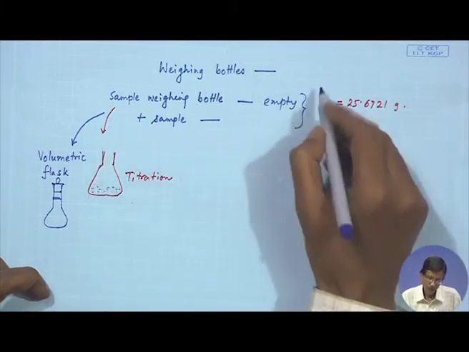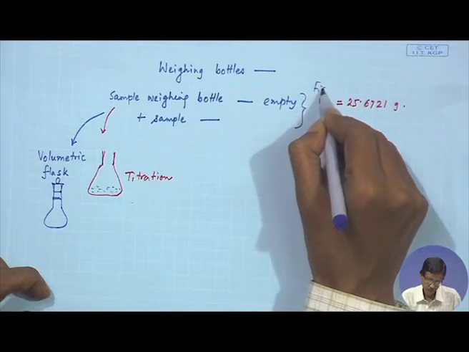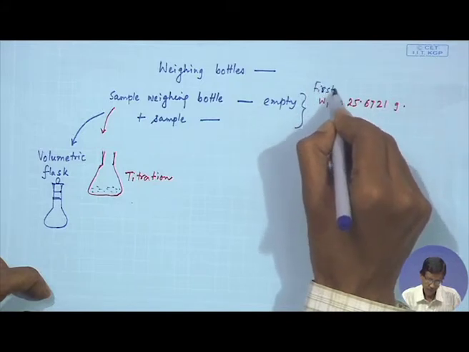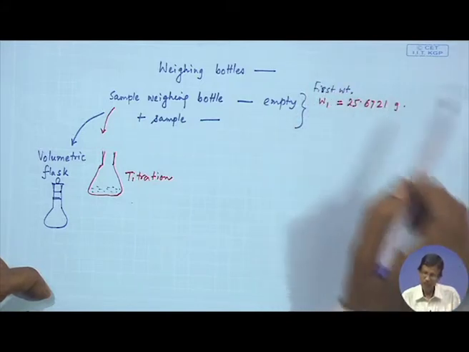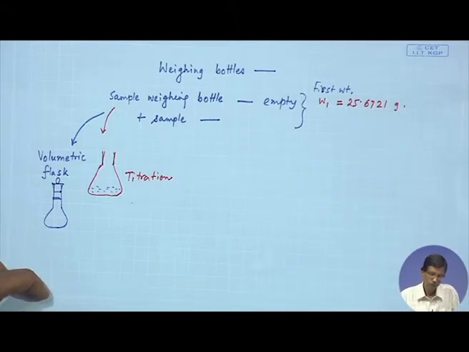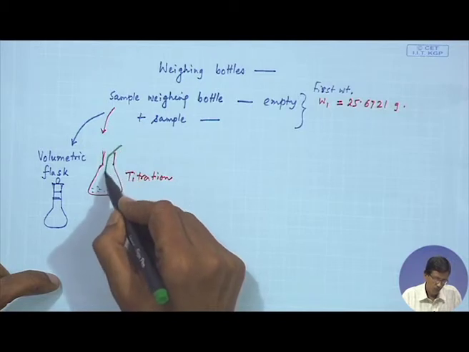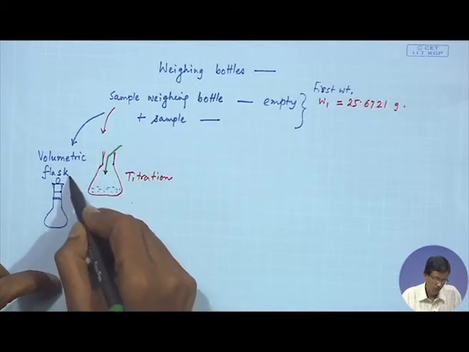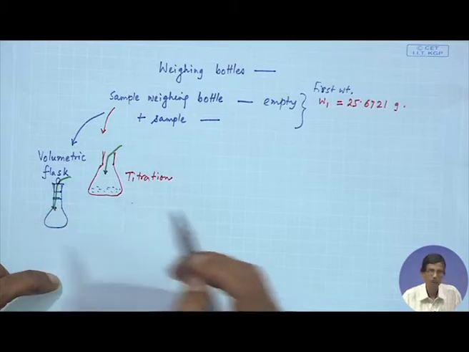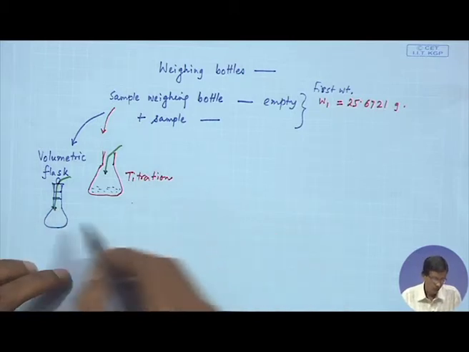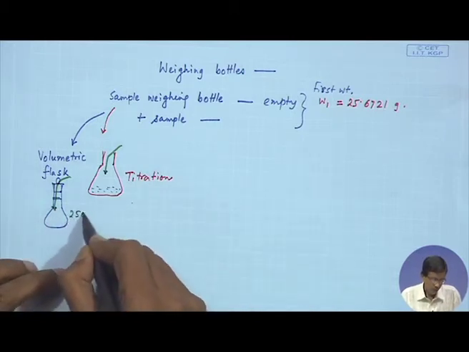Then this is the first weight. That means, it is the first weight of your sample plus weighing bottle. Then we slowly transfer some amount into this conical flask or this volumetric flask to make a volume of, say, 250 milliliter.